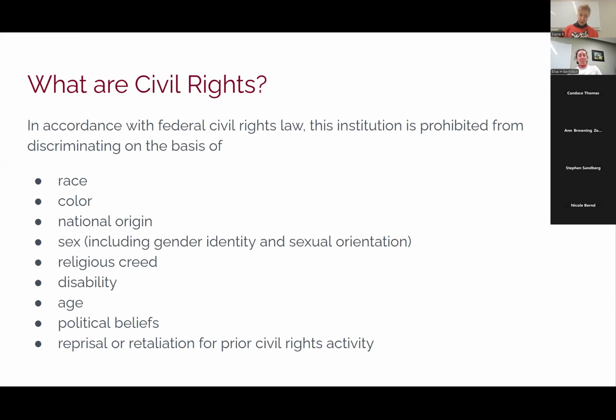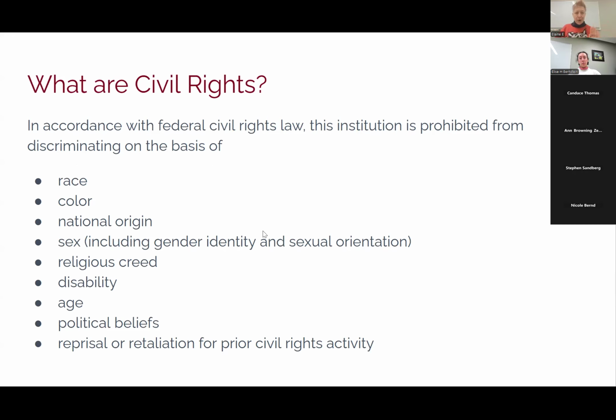So there are federal civil rights laws that at the University of Minnesota, we are prohibited from discriminating on the basis of race, color, national origin, sex, religious creed, disability, age, political beliefs. And also it's prohibited to discriminate with reprisal or retaliation for prior civil rights activities.